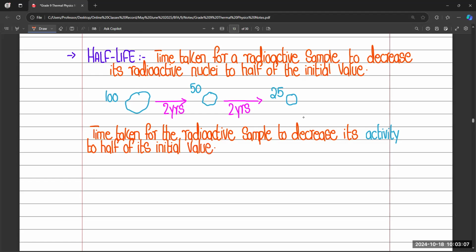So this is the second definition. Yes, so these are two different definitions.